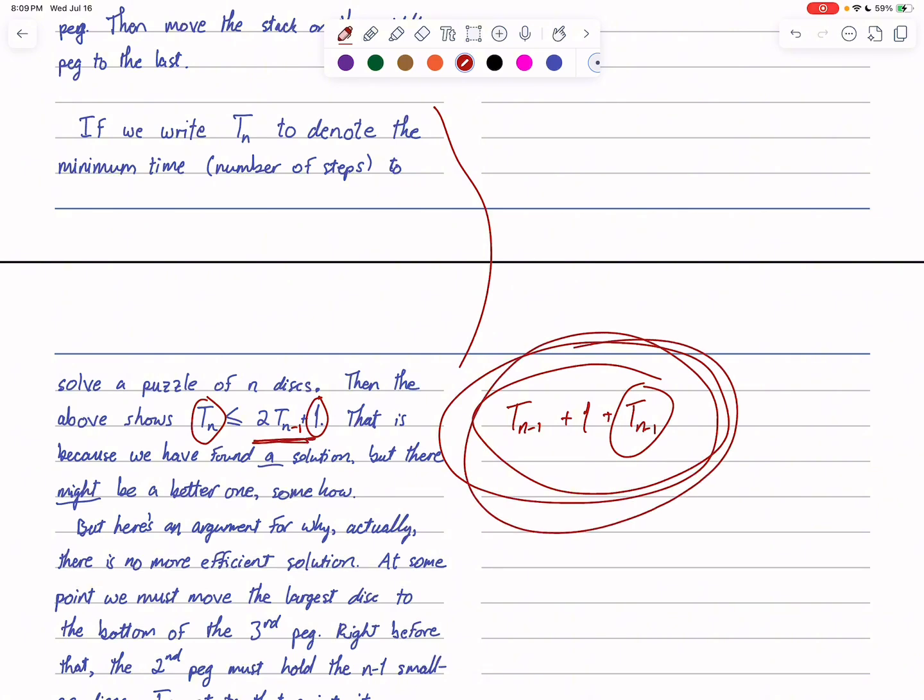So we know that the problem can be solved in that much time, but we don't know if that's the minimum amount of time. Because that's one way to solve the problem, but there might be others, and how do we know that there isn't a faster way to solve the problem?